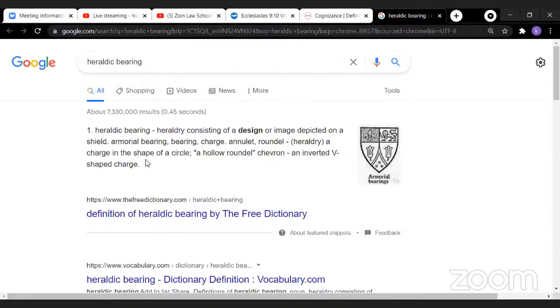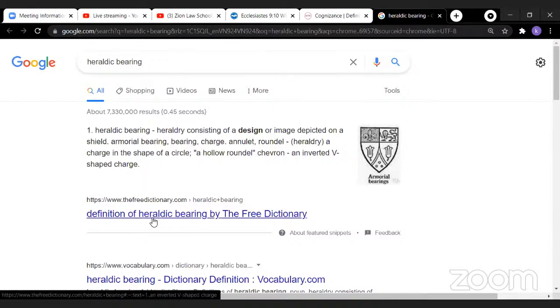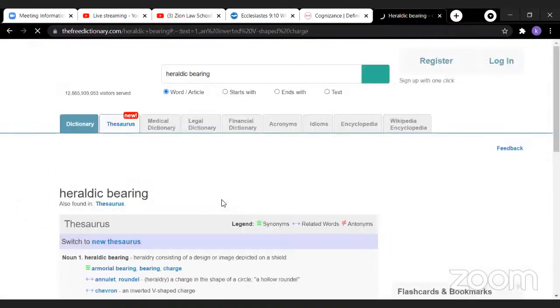What is it? Rundle. Rundle, heraldry: a charge in the shape of a circle. A hollow rundle, chevron, an inverted V-shaped charge. So what is this calling to memory? Is that change or charge? I don't know. Charge.